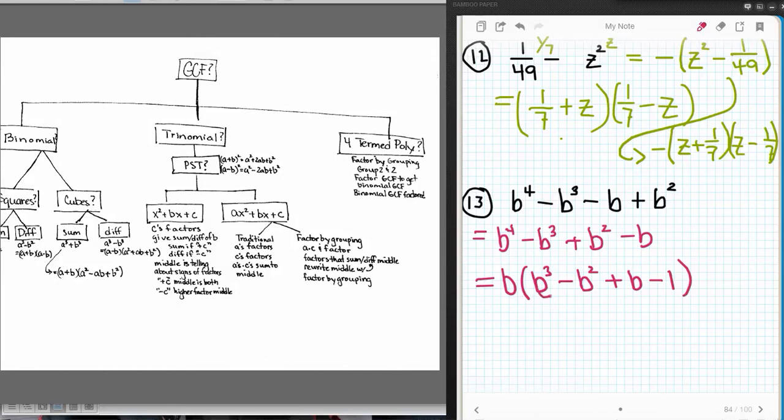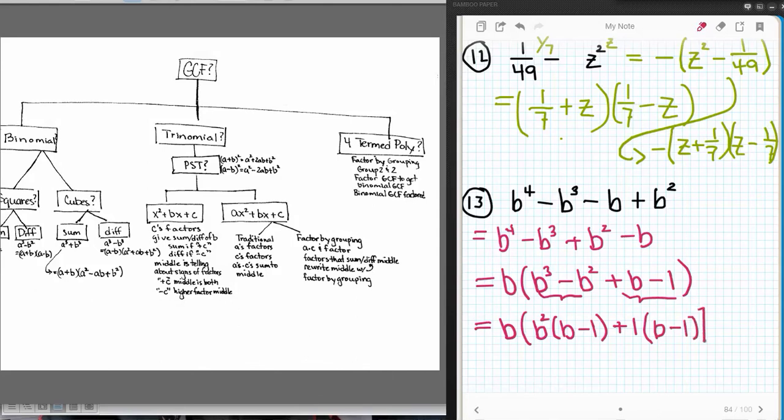Now here we have a 4-term polynomial. So I'm going to factor by grouping. So I'm going to take out a b squared from the first two terms, and it's going to leave me with b minus 1. Now for the second ones, there's nothing in common except for a 1, so I'll write 1 times b minus 1.